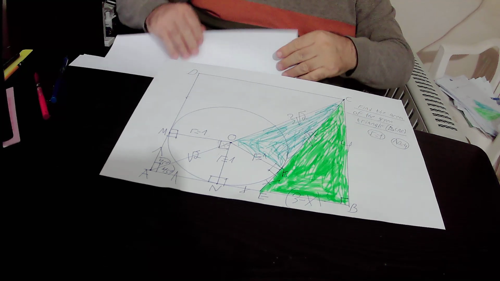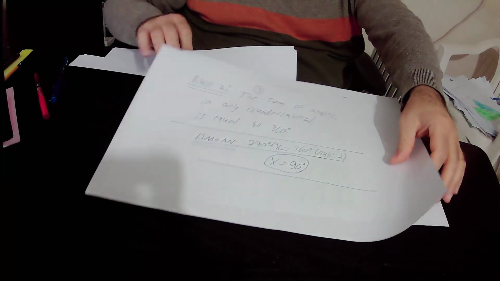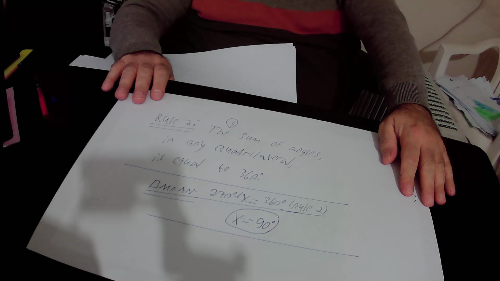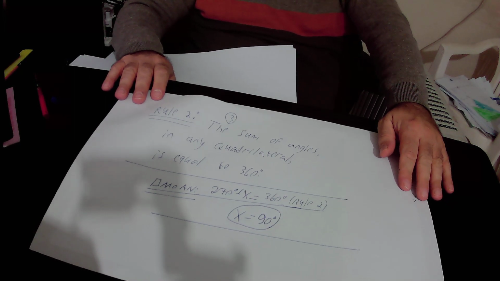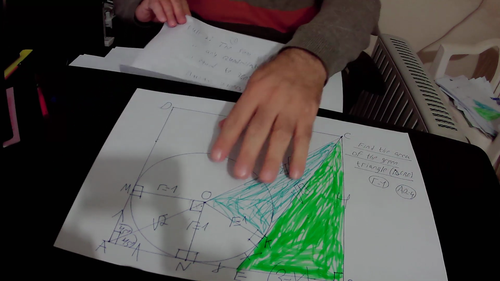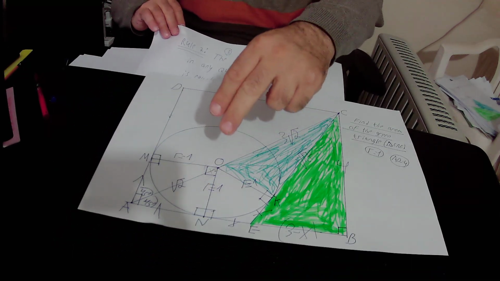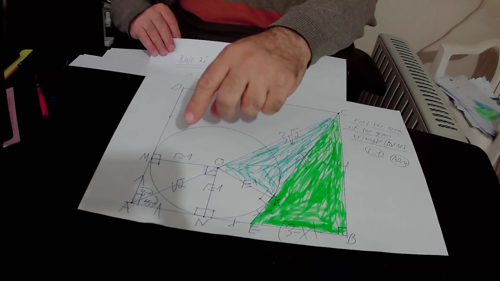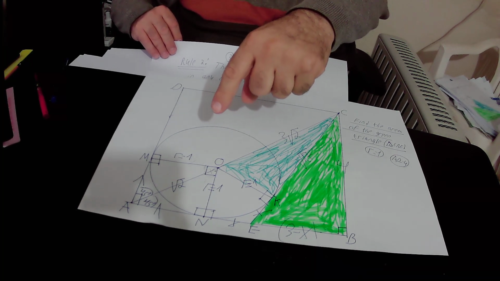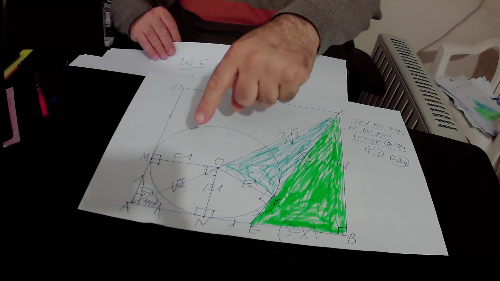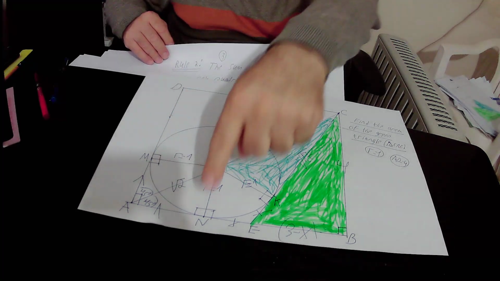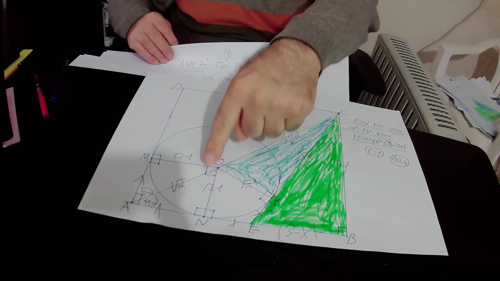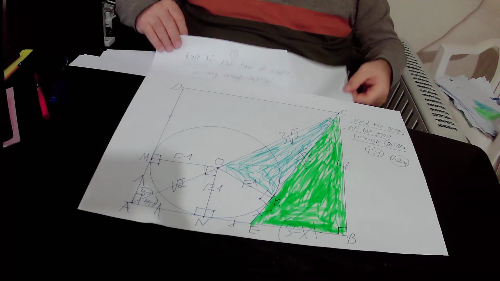Okay, in the next step I presented to you rule number 2. According to rule number 2, the sum of the angles in any quadrilateral is equal to 360 degrees. So if we focus on quadrilateral MOAN, the sum of its angles must be equal to 360 degrees. It has 3 right angles, and the sum of 3 right angles is 270 degrees, plus the size of this angle that we define as angle x must equal 360 degrees.